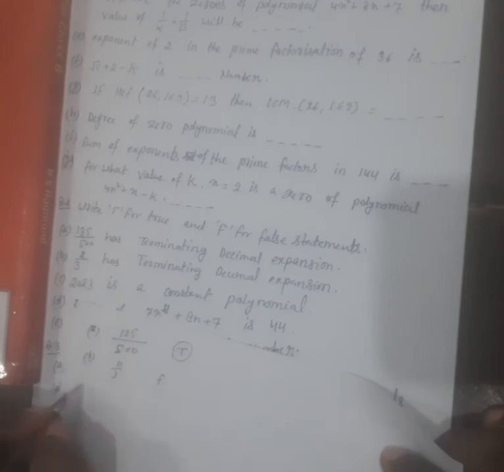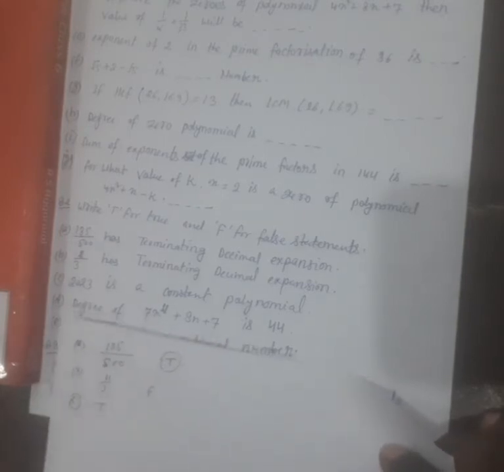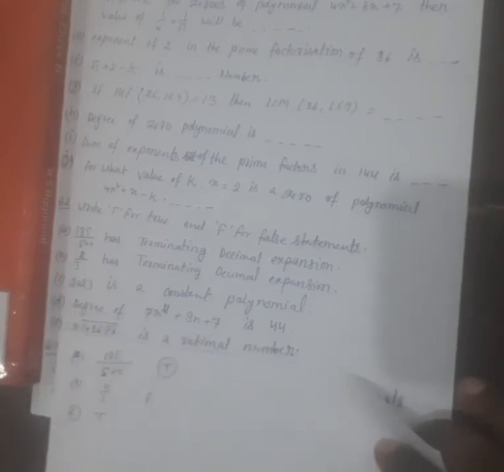Moving to the next, question C, 2023 is a constant polynomial. So yes, every constant number is a constant polynomial, and what is the degree of a constant polynomial? It's 0. Okay, so a constant polynomial has degree 0. Moving to the next, this 3.142678, and see here the whole bar is here, so it means 6 digits are repeating.